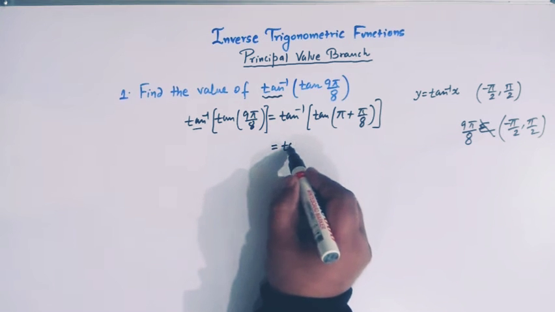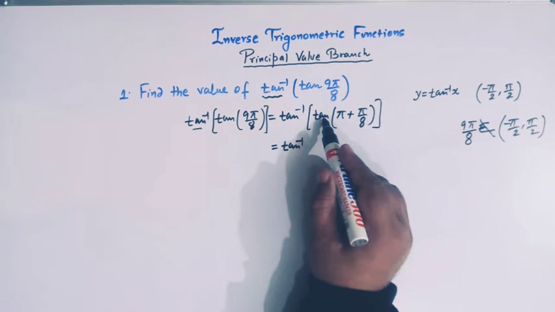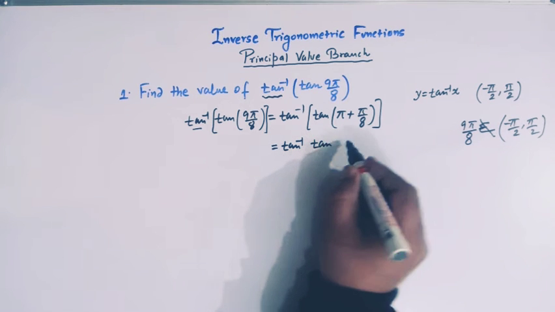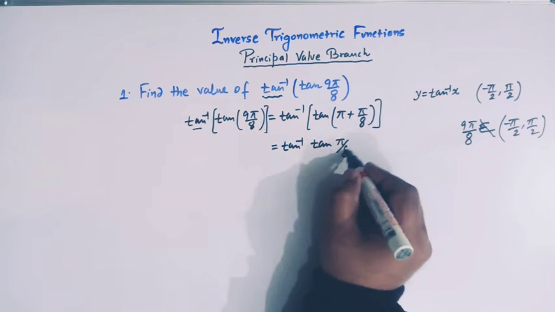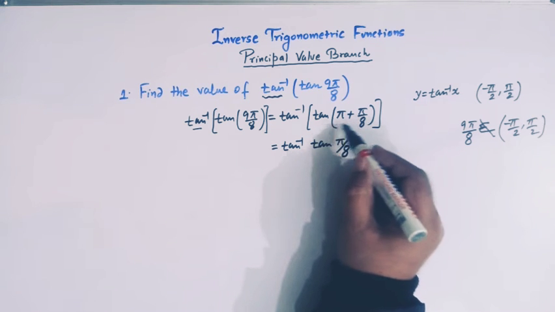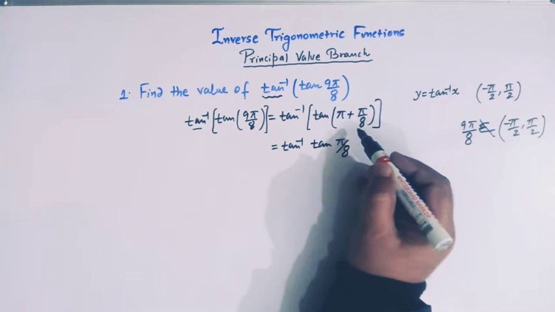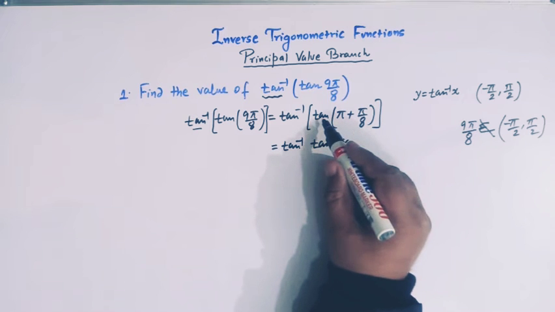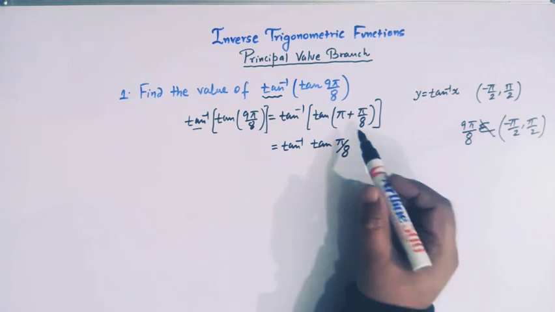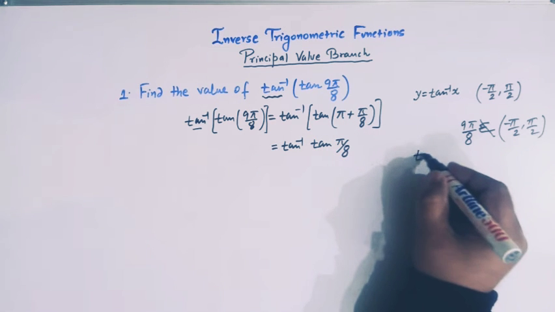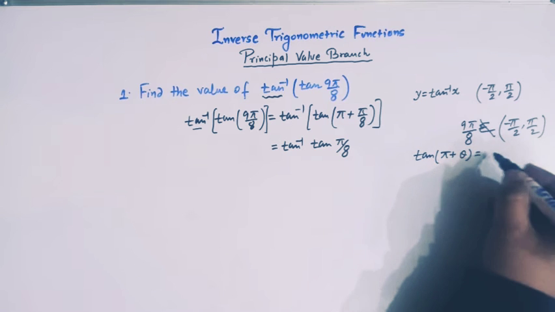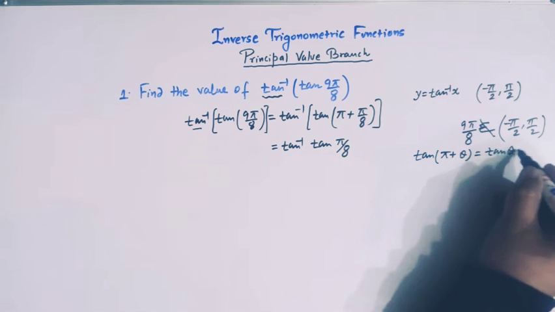So now this is tan inverse, and tan of pi plus pi by 8 is equal to tan pi by 8. This angle lies in the third quadrant, and in the third quadrant the tangent function is positive, and we have tan of pi plus theta equal to tan of theta.